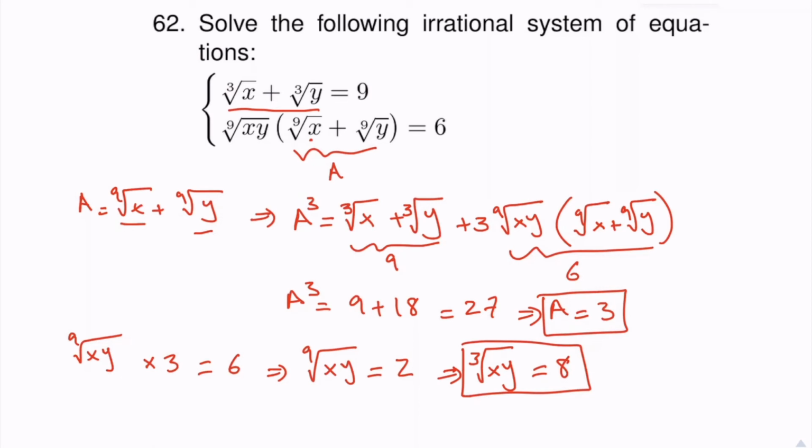Now, if you look at equation 1, and let's call this equation 2, and this equation 3 that we found, you see that if the variables are the third root of x and the third root of y, now we have two equations that are the sum of the two variables and the multiplication of the variables.